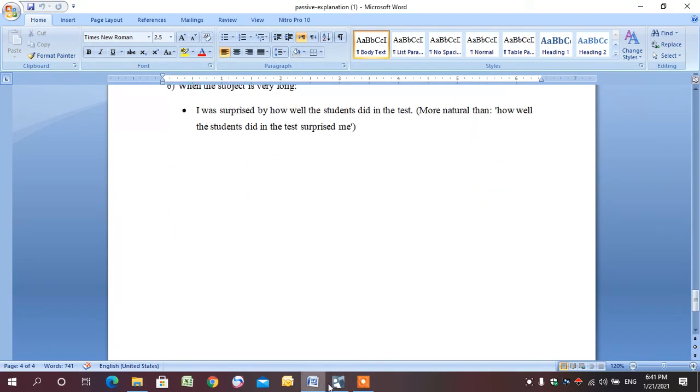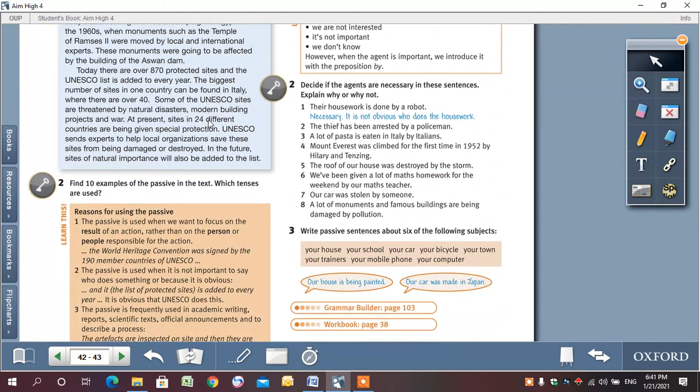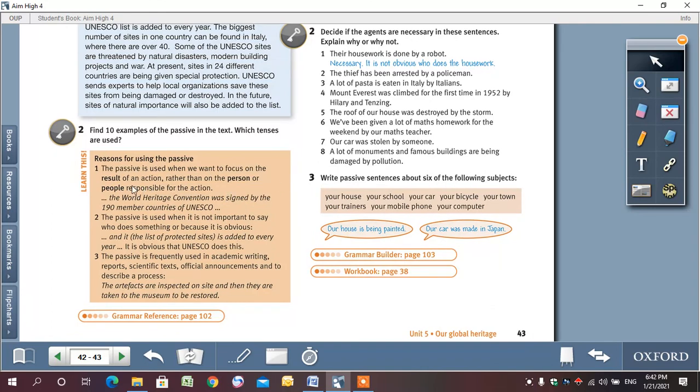Now let's go back to the book. And you have here reasons for using the passive. Number 1, the passive is used when we want to focus on the result of an action rather than on the person or people responsible for the action. So the World Heritage Convention was signed by the 190 member countries of UNESCO. Number 2, the passive is used when it's not important to say who does something or because it's obvious.